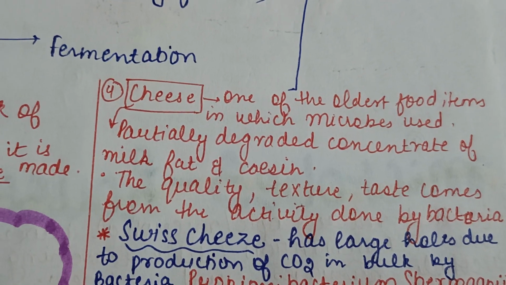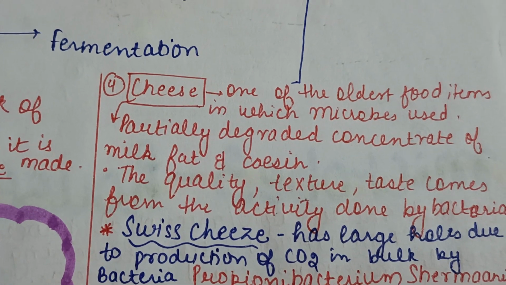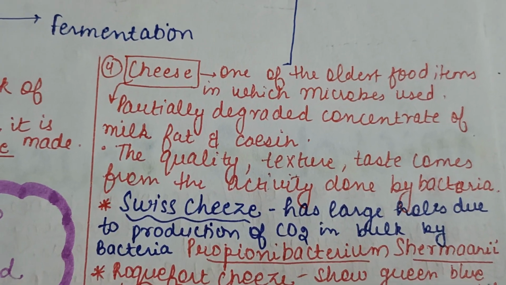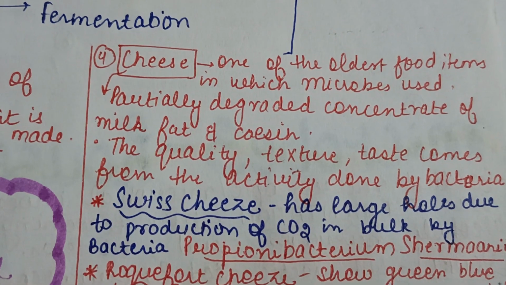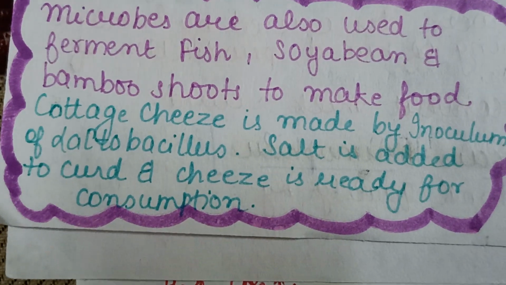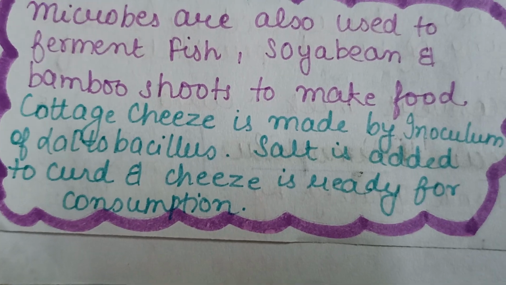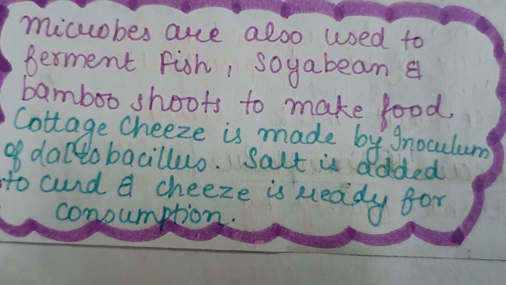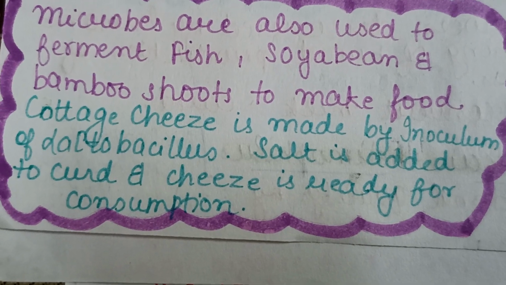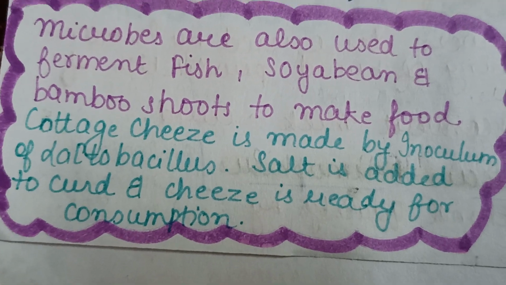It is a partially degraded concentrate of milk fat and casein. The quality, texture and taste come from the activity of the bacteria. Firstly, we will study cottage cheese. This cottage cheese is made by inoculum of Lactobacillus. Salt is added to the curd and the cheese is ready for consumption.